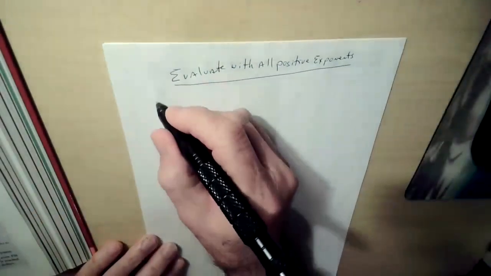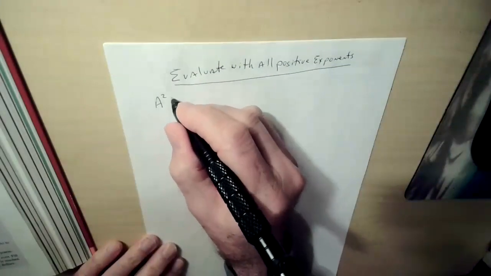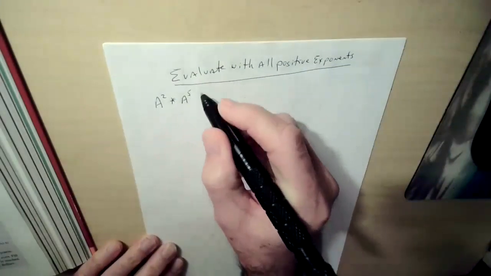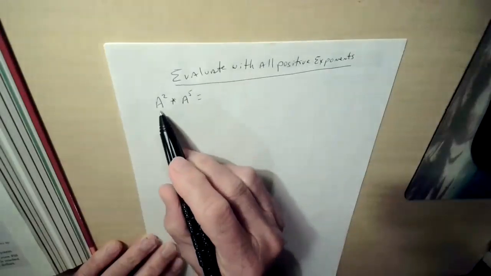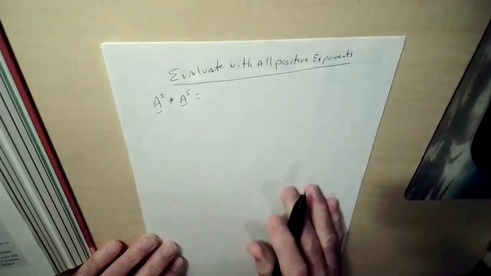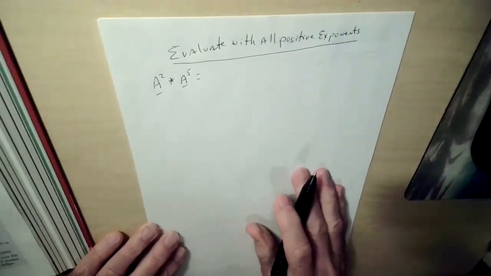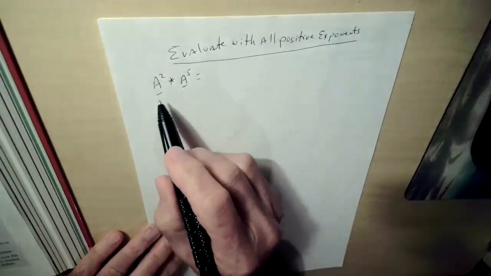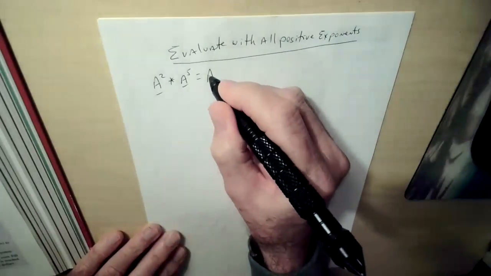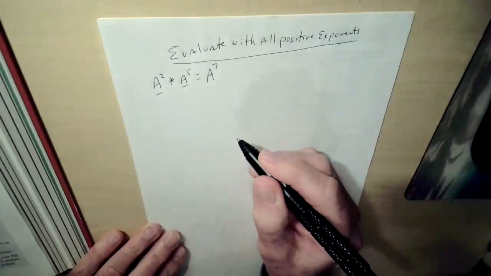Remember, if we have a squared times a to the fifth, remember when we're multiplying and we have the same base number, the one on the bottom, the big number, is the base number. If we're multiplying and we have the same base number, we add the exponents, so it would be a to the 7th.